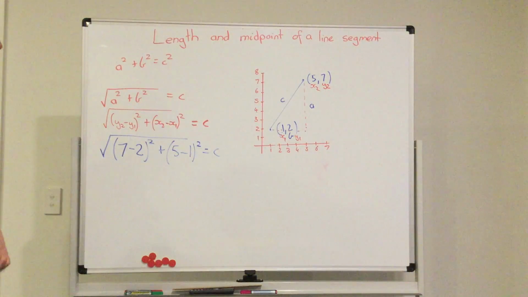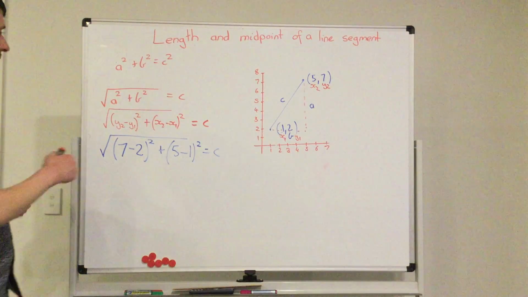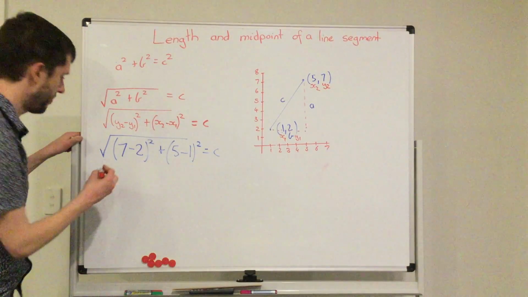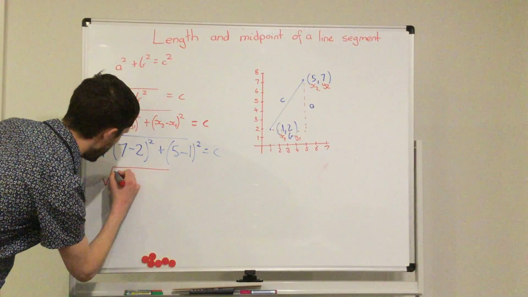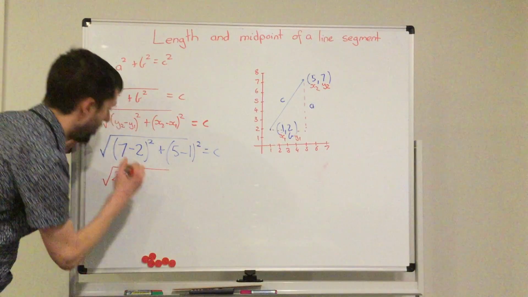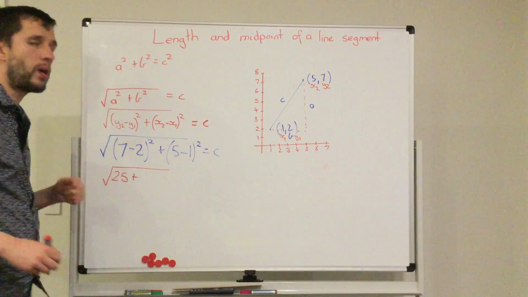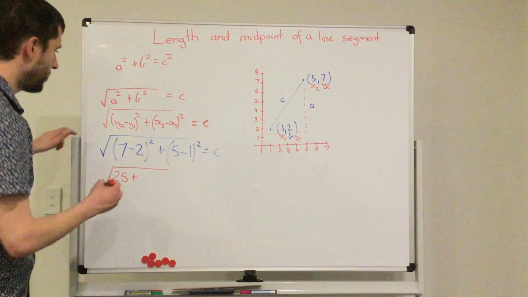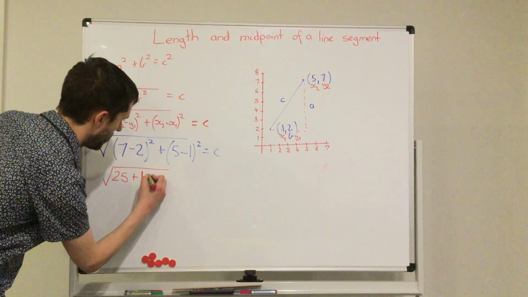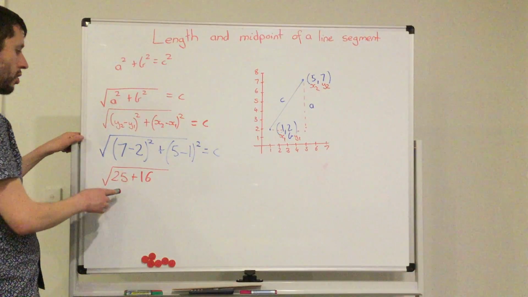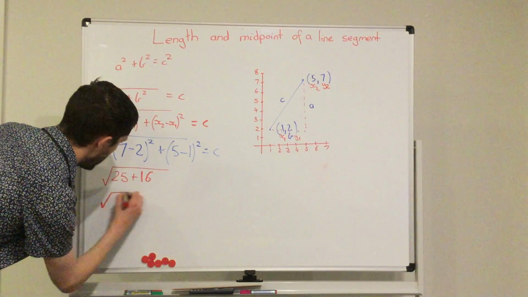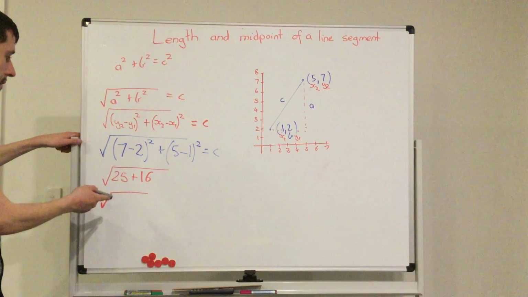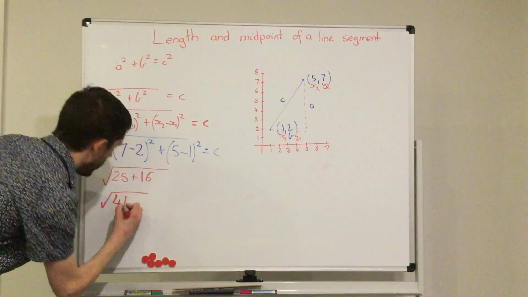And then I simplify it. 7 take away 2 is 5, 5 squared is 25, plus 5 take away 1 is 4, 4 squared is 16, 25 plus 16 is 41, square root of 41.